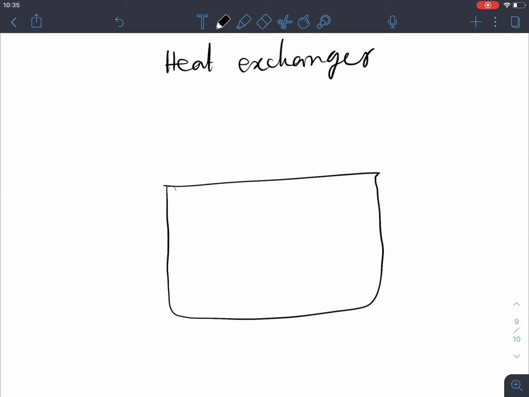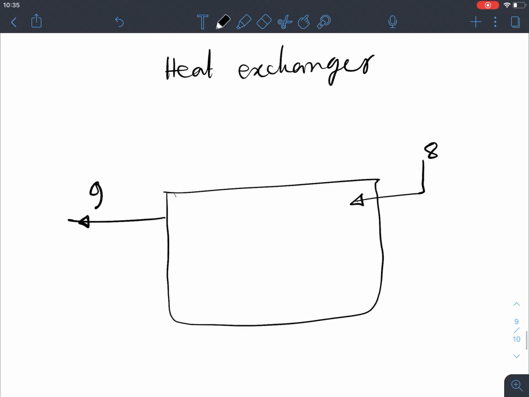In the heat exchanger, air is coming from turbine number 8, and then exhaust is going to the compressor, which is number 9. So this is M air, and this is exhaust gas.